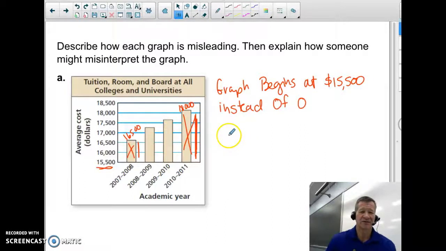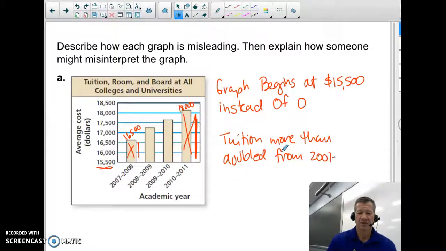Okay, so how somebody might interpret, someone who glances at that might say that tuition doubled, or more than doubled, really, even, from 2007 to 2011. So the fact that there was a start at 15,500, there was no kind of break or anything, it made it appear that while they're increasing, and that's true, they increase faster than it appears.